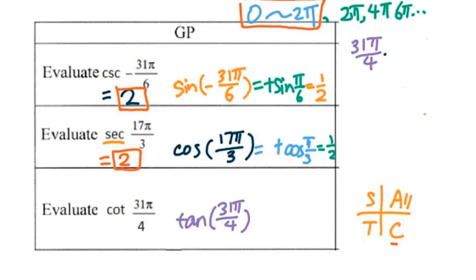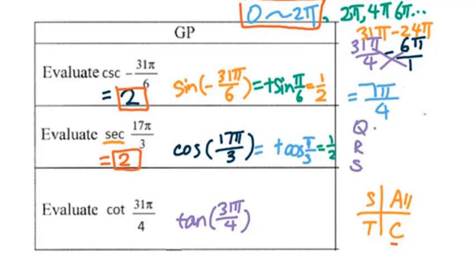Therefore, you subtract 6 pi. Then we cross multiply to the top. I got 31 pi minus 24 pi. Your denominator is 4. 31 pi minus 24 pi means 7 pi.